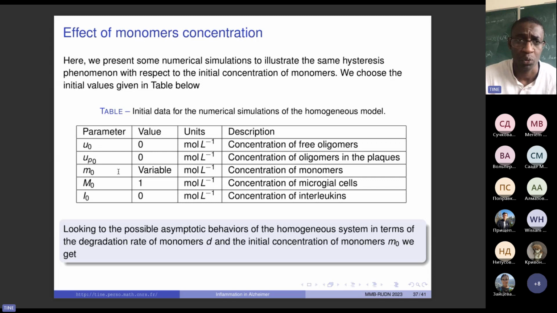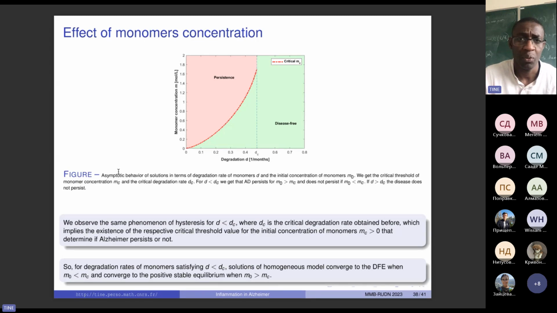And if you look at that, we see that, of course, the diagram is the same. We also have the persistency part, but here it depends not on I naught, it now depends on MC, a critical value of monomer.